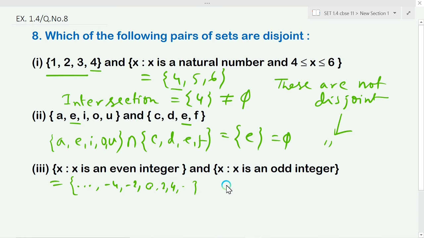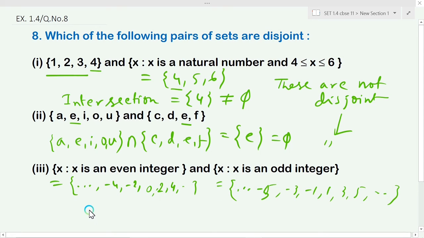And for an odd integer, we get -5, -3, -1, 1, 3, 5 and so on. So there is no common element between these two sets, so they are disjoint.